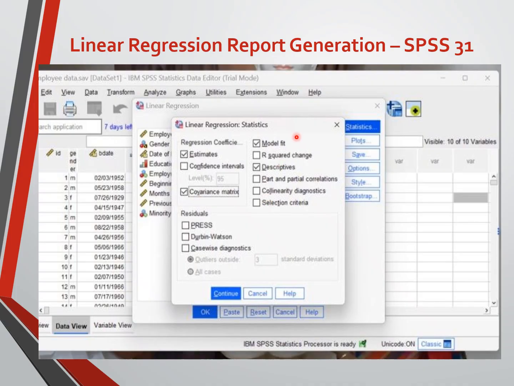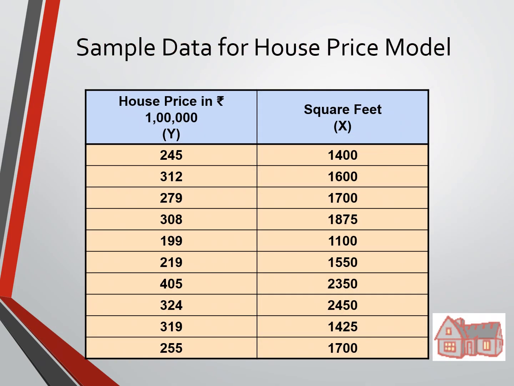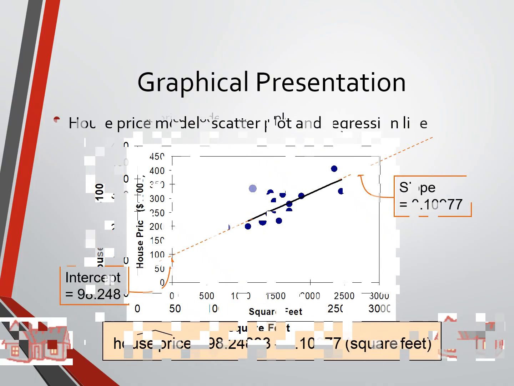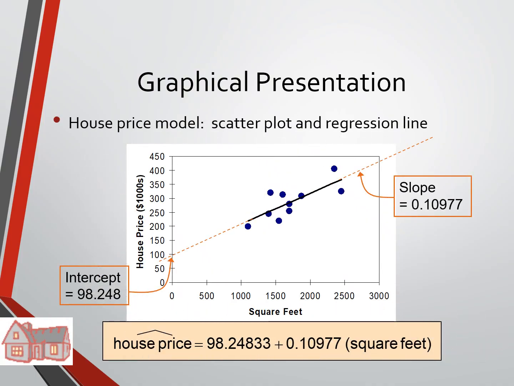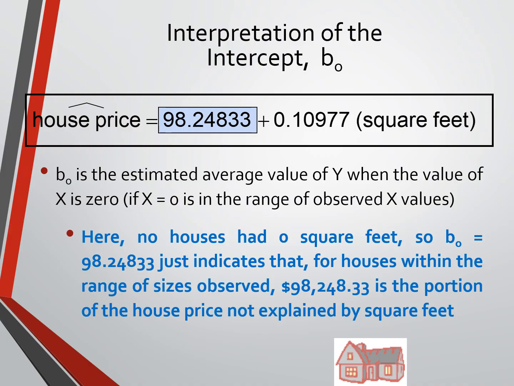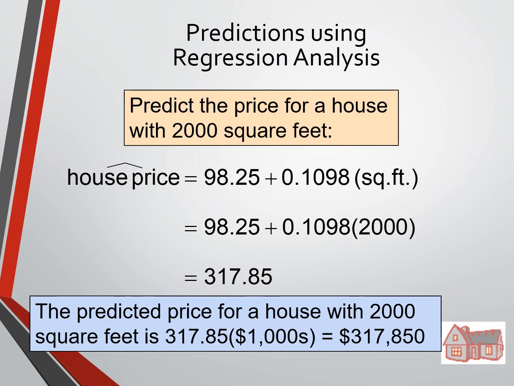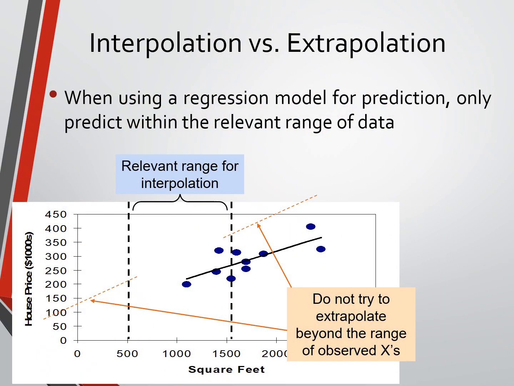Then covariance matrix, model summary, R square change, meaning coefficient of determination, descriptives, part and partial correlation can be worked out by you, collinearity can be worked out, and selection criteria can be taken by you. Now I am giving this example of the sample database where the value of the house has been worked out and the interpretation has been given.